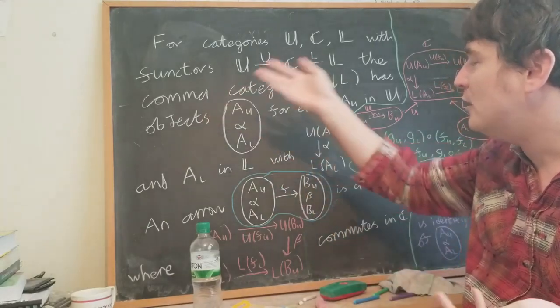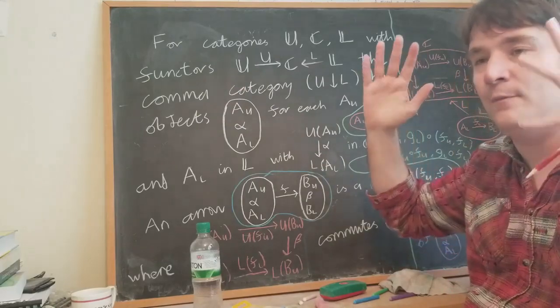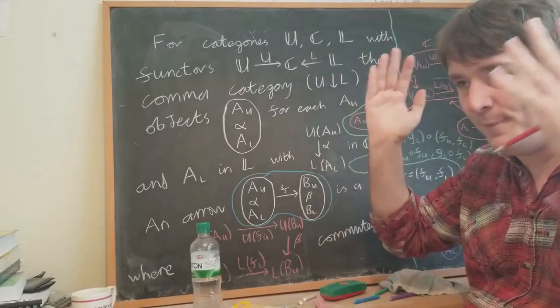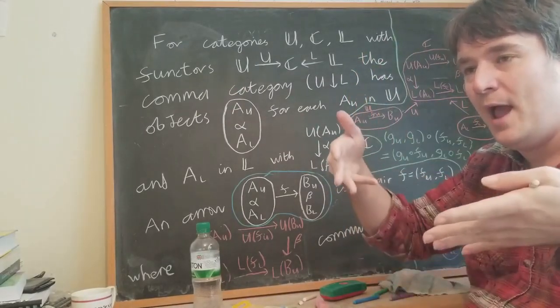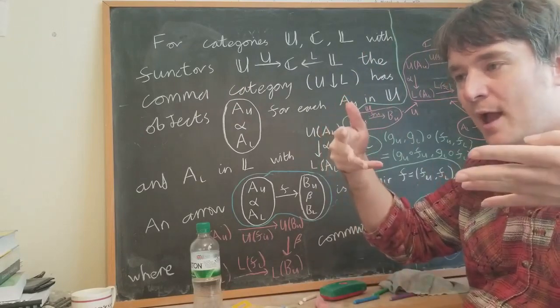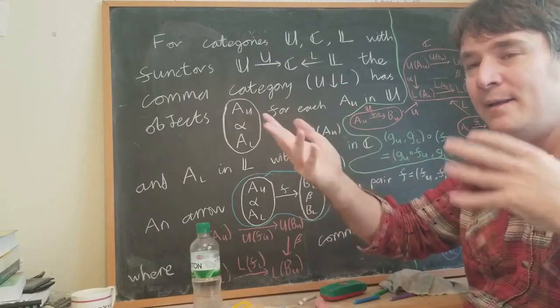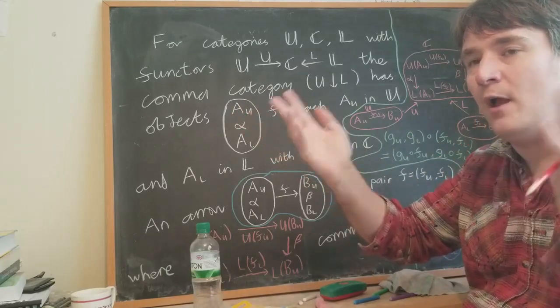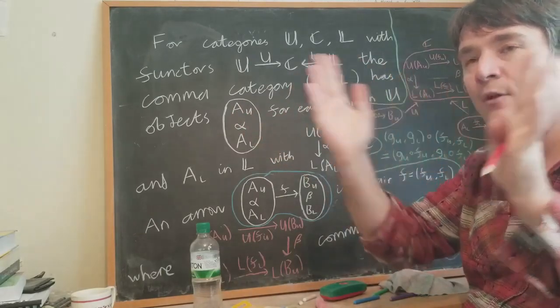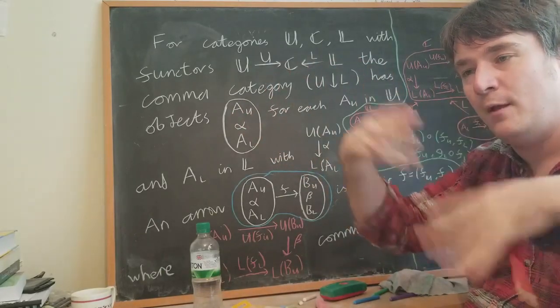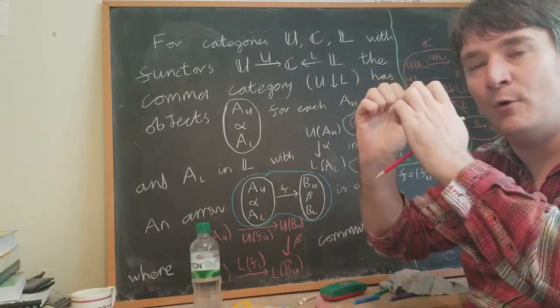But I do want to tell you about it because it's going to give us a much better understanding of what a universal property is, and also we're going to get an important result out of this, which is that any two universal morphisms between the same things are going to be isomorphic.